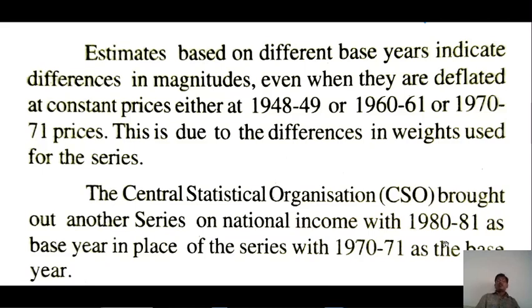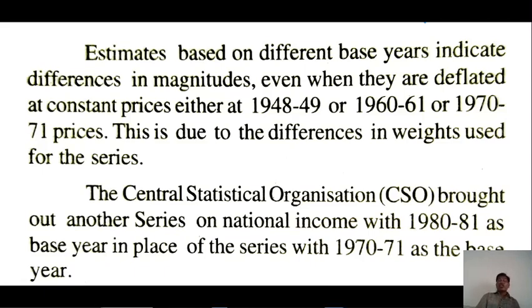Estimates based on different base years indicate differences in magnitude even when they are reflected at constant prices, either at 1948-49 or 1960-61 or 1970-71 prices. This is due to differences in weights used for the series.